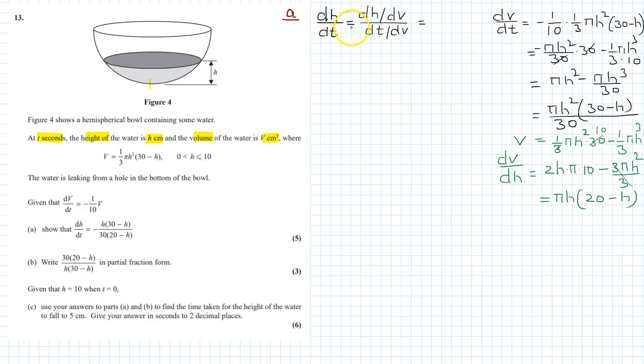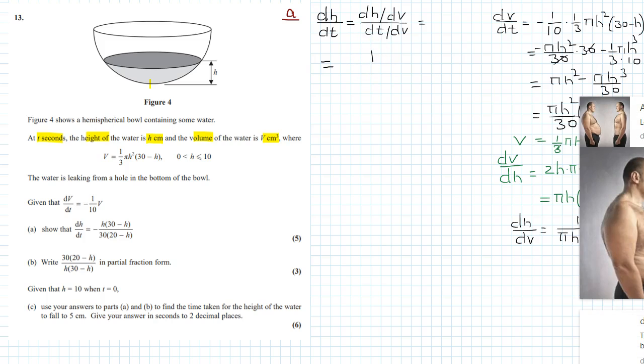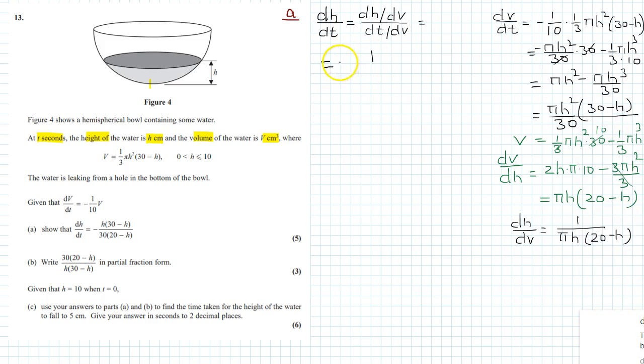Now we have these two values. So dh over dv is equal to 1 over pi h (20 minus h), multiplied by dt over dv.